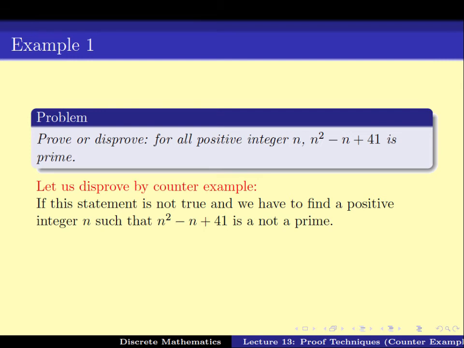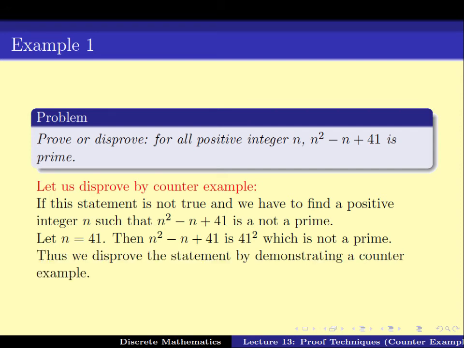The lowest n for which this number is not a prime is unfortunately as high as 41. So only when we put n equals 41 do we realize that this number is not prime. Thus, we disprove the statement by demonstrating a counterexample here, which is n equals 41.